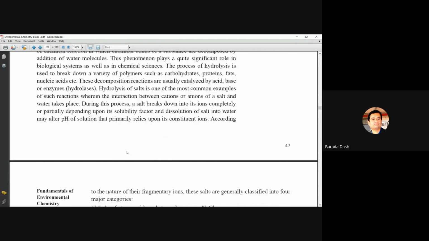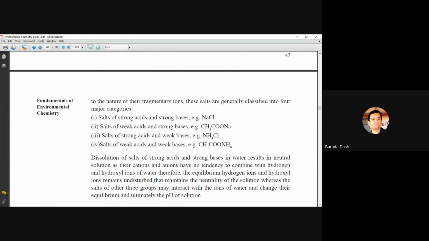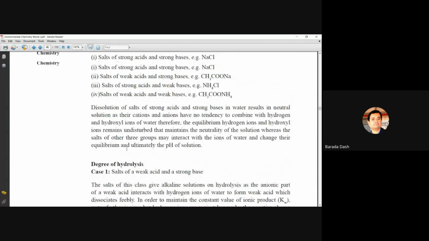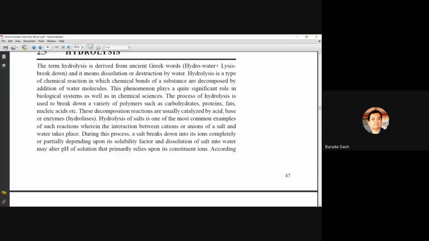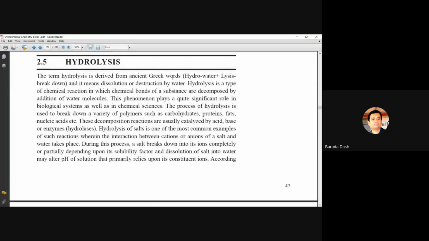The next term is hydrolysis. What is hydrolysis? The term hydrolysis is derived from an ancient word meaning breakdown, that is, decomposition or destruction by water.